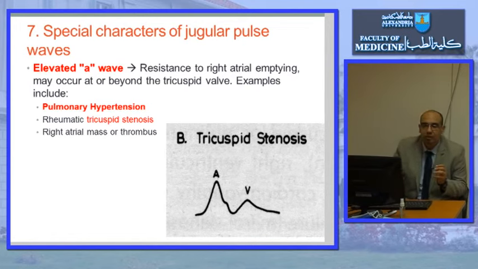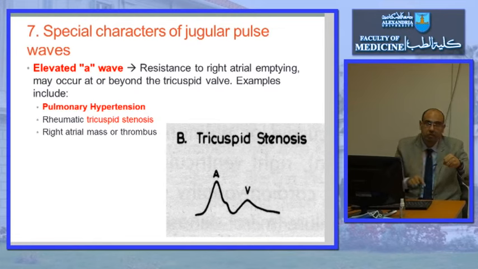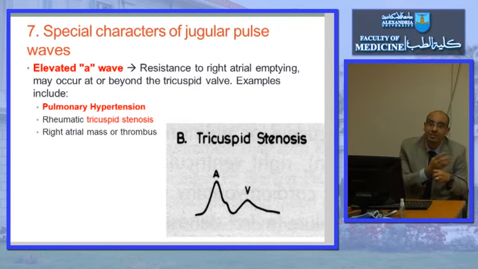The atria contract more when there is increased pressure in front of the atrium, in the right atrium. Like in pulmonary hypertension, the atrium will contract against increased pressure to push the blood to the right ventricle and the pulmonary artery. If the pulmonary artery has hypertension, the atria will contract against increased pressure. It will increase the atrial contraction and elevate the A wave.